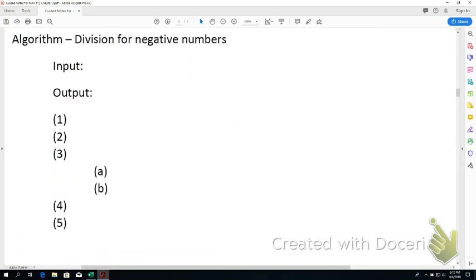You'll notice this has almost the same number of steps that the division for a positive number had, but we're missing one step at the very beginning. When you have a negative number divided by a positive number, you'll never have a quotient of 0.